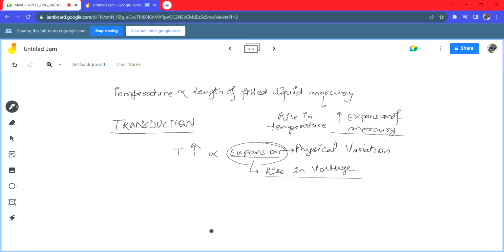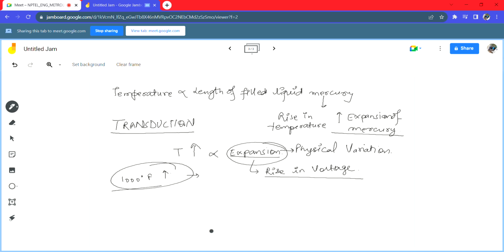But there are also cases wherein the temperature range is 1000 degrees Fahrenheit or even more. Now, our mercury filled temperature glasses are not suitable for this range of temperature.